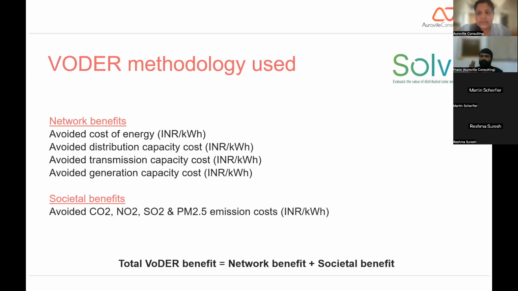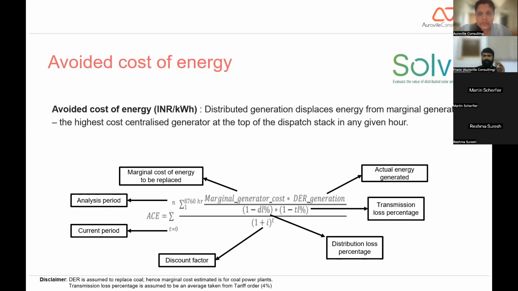To further explain briefly each component, we start with the network benefits. In the network benefits, we see the avoided cost of energy. When we install the DER and DER generates the energy locally, it contributes to replacing the energy from the marginal generator, and hence the highest cost of energy in the dispatch stack.